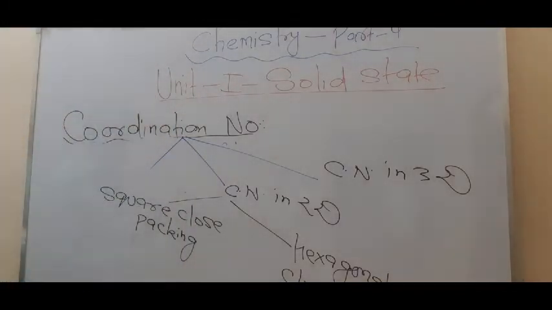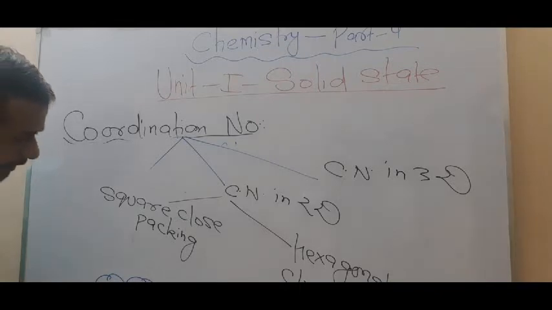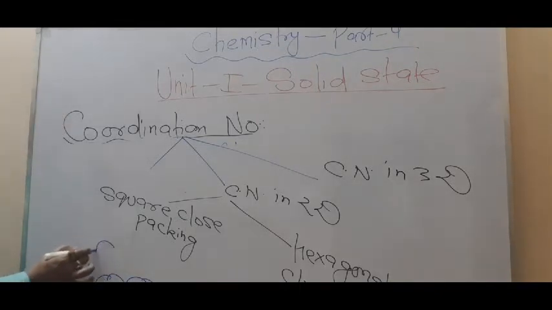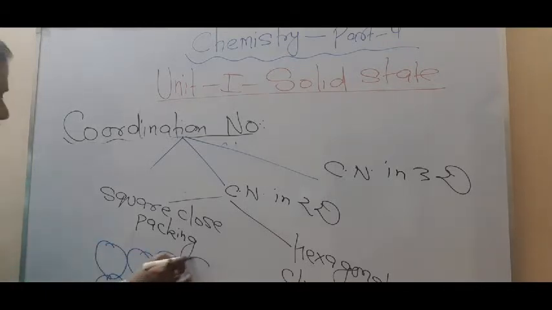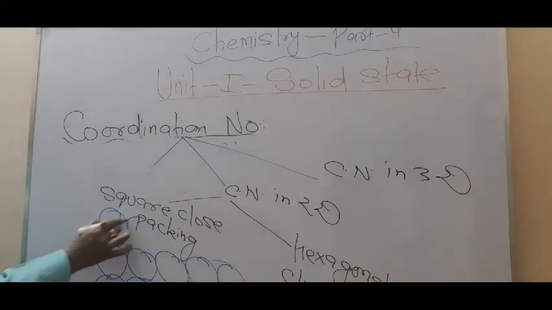In these two packings the coordination number is different. First, the coordination number in square close packing: make one row of spheres, then place similar spheres exactly aligned to them, and place one more row like this.